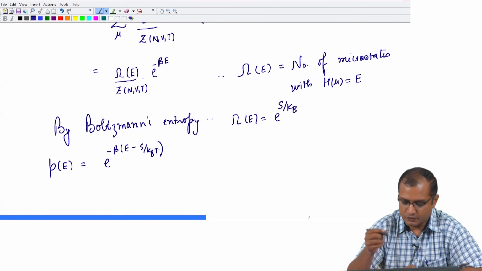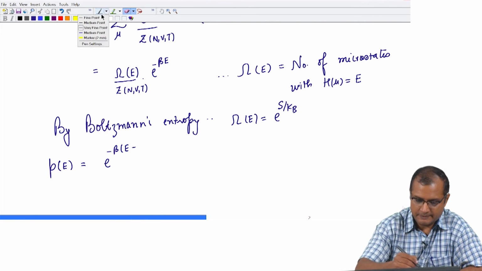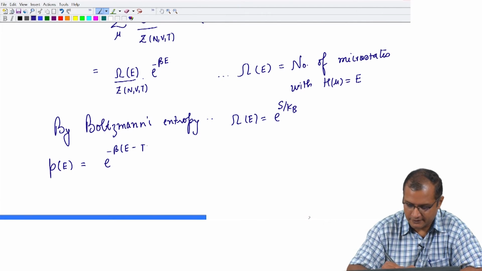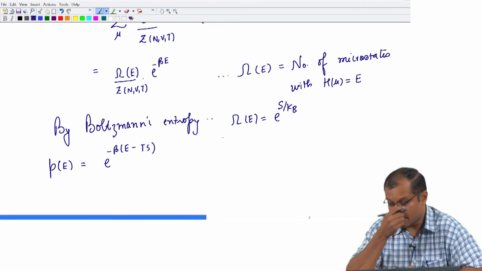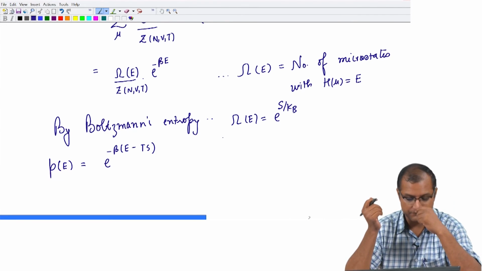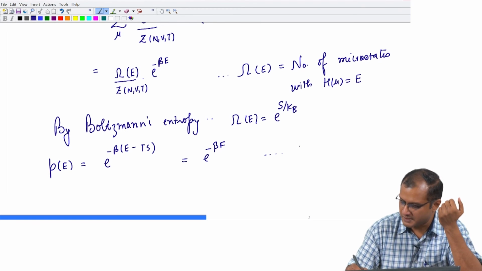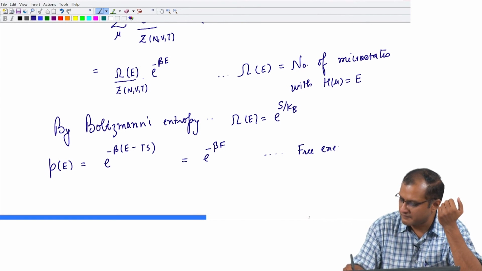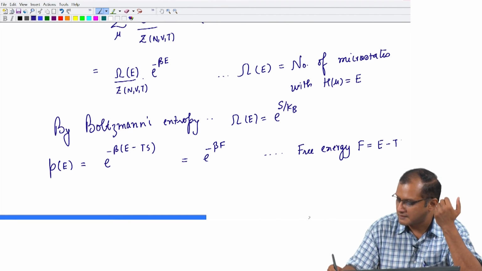So, I have to write E minus T S, because beta itself is 1 upon k B T, T cancels with T and you just have 1 upon k B. But from thermodynamics I know that this is nothing but e raised to minus beta into free energy, since the thermodynamic free energy, or your Helmholtz free energy, is E minus T S.